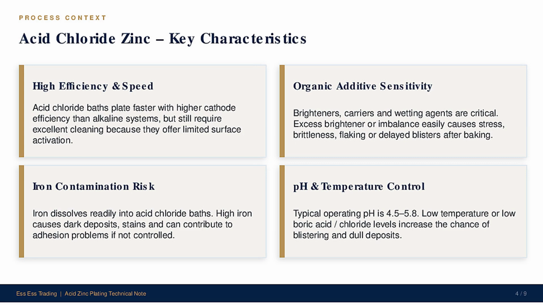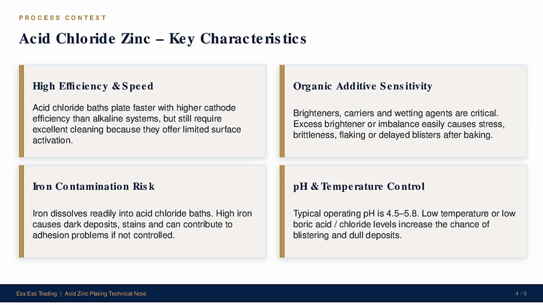Now, let's look at acid chloride zinc baths. They plate faster and with higher efficiency compared to alkaline systems, but they demand excellent cleaning since surface activation is limited. These baths are very sensitive to organic additives like brighteners and carriers.